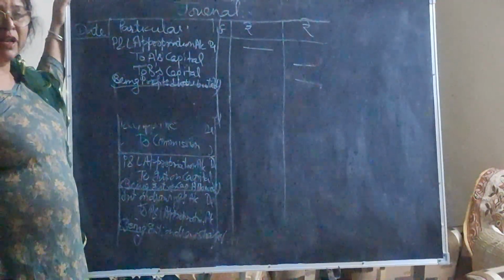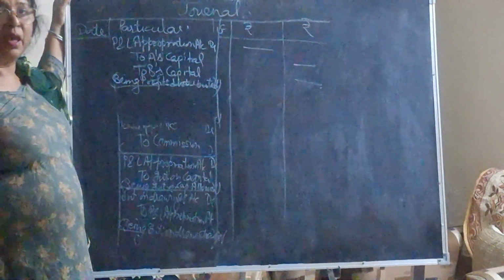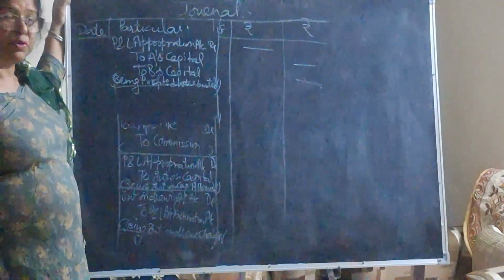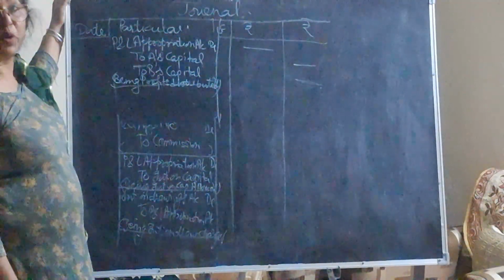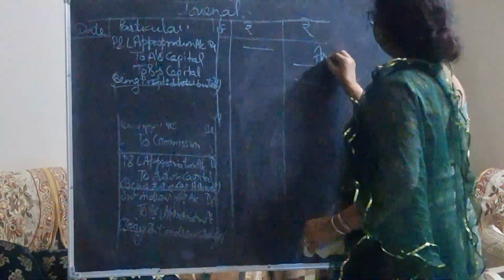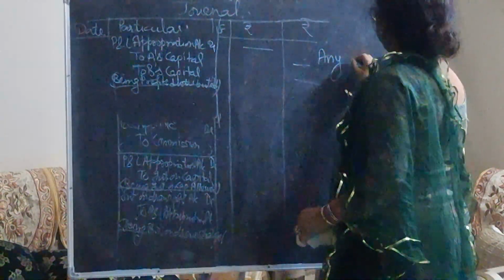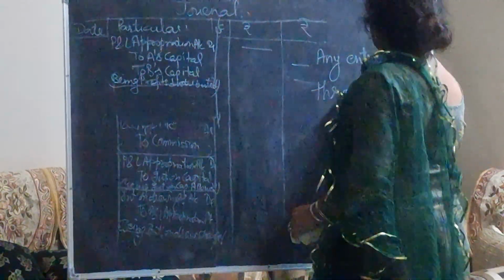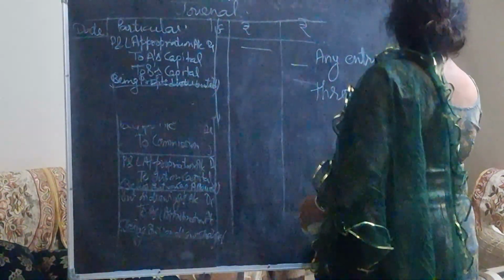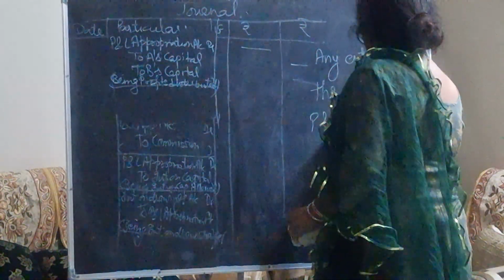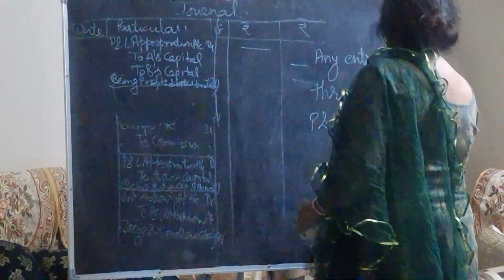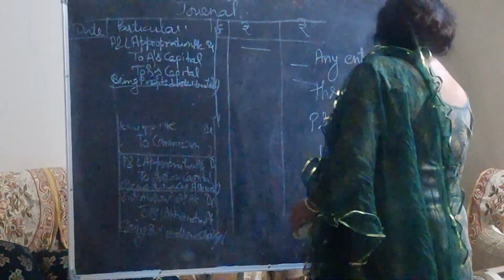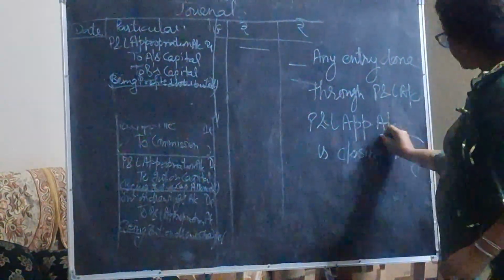Closing, तो closing में कौन कौन से accounts बनाए जाते हैं? स्टूडेंट्स क्लोजिंग में आपके अकाउंट्स बनते हैं, आपके P&L, ट्रेडिंग, बैलेंस शीट सारे अकाउंट्स बनाता है और उसके बाद ट्रांसफर करना होता है तो वो कैपिटल वगैरह में ट्रांसफर होता है. तो जब हमारे P&L या P&L एप्रोप्रिएशन के थ्रू कोई एंट्री होती है, any entry done through P&L account, P&L appropriation account is closing entry.